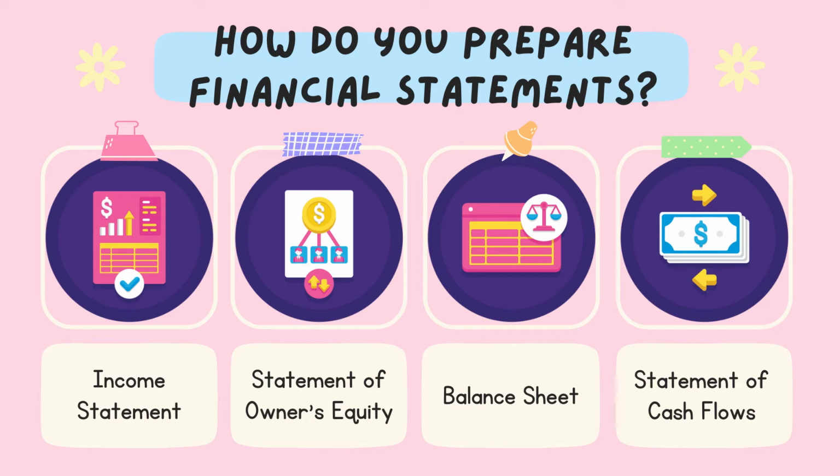The balance sheet shows the financial position of the company at a certain date, not for a period like the previous statements. The fourth financial statement is called the statement of cash flows. The statement of cash flows reports the cash coming in, positive amounts, and the cash going out, negative amounts, during a period of time.